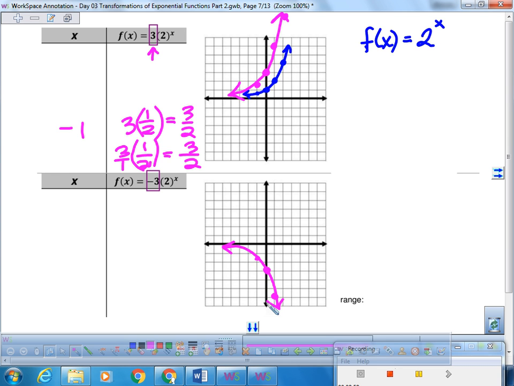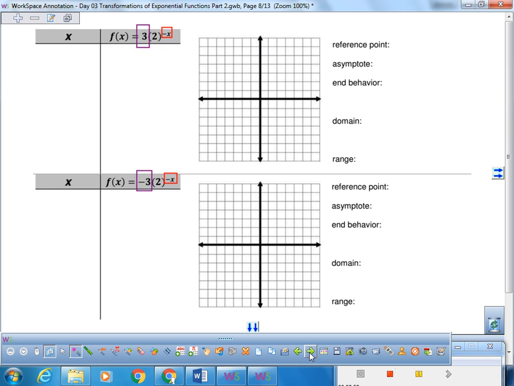One more? All right. So what happens here? Did you guys figure out what happens here? It goes to decay.